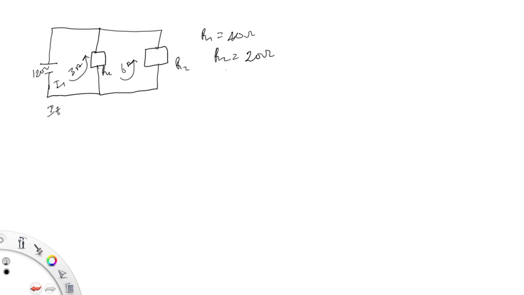We said I total was 9 amperes. So what are we now calculating? We're now calculating the total resistance.